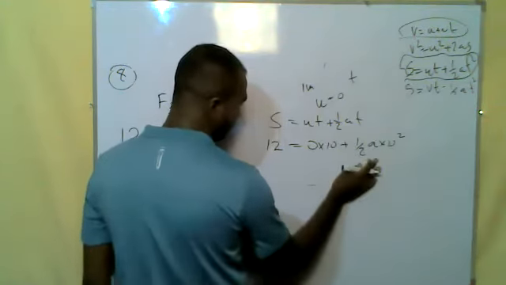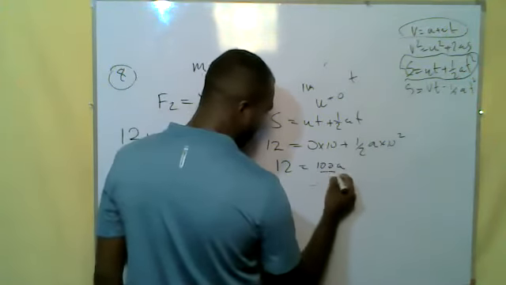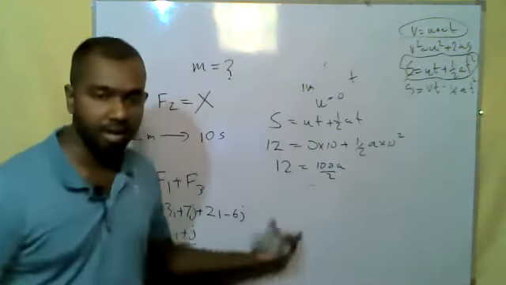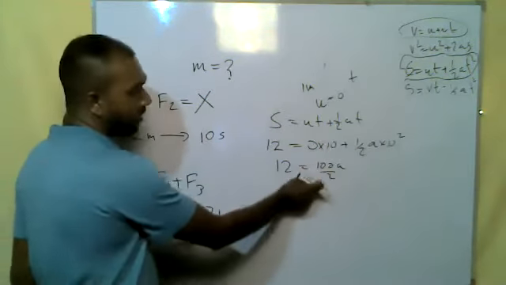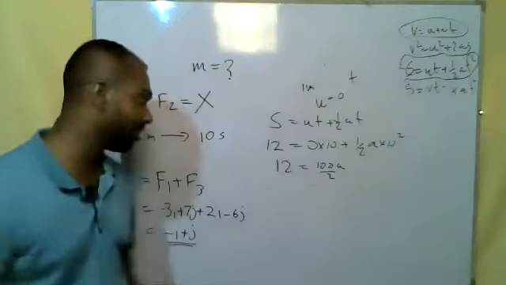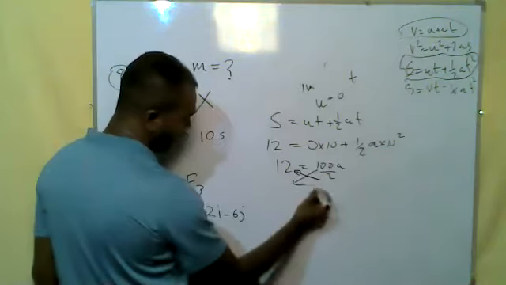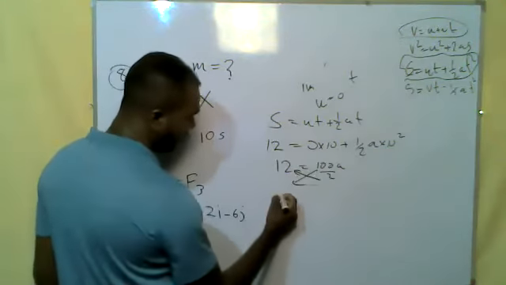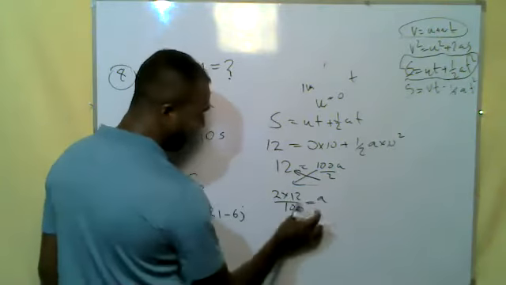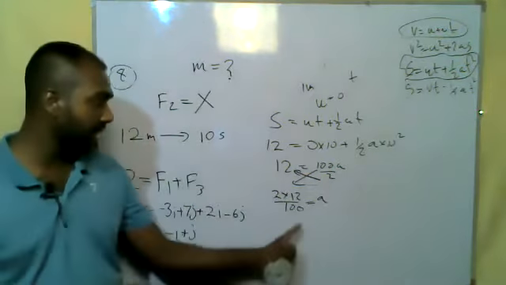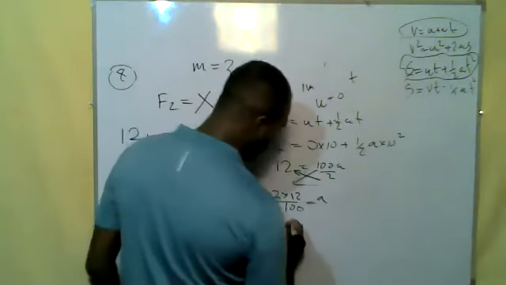So what do we have here? 12 is equal to 100 times a divided by 2. See, when I am solving this also, I could have written 100 divided by 2 as 50, but I'm not. Why? I need to find a, so I can take the 2 and 100 by multiplying by 2 and dividing by 100. Why did I keep 100 like it is without getting 50? It is so easy for us to divide by 100. We got 24 divided by 100, how much?